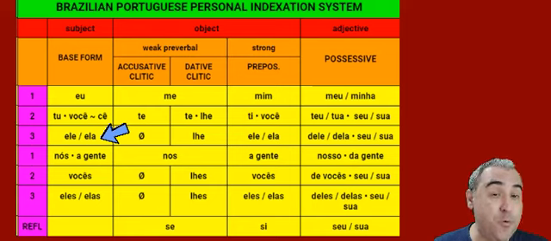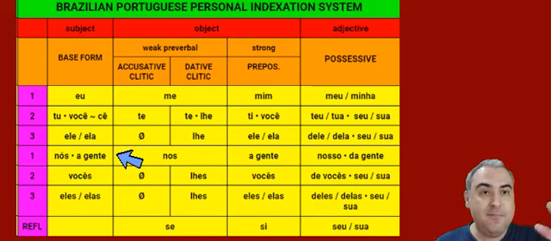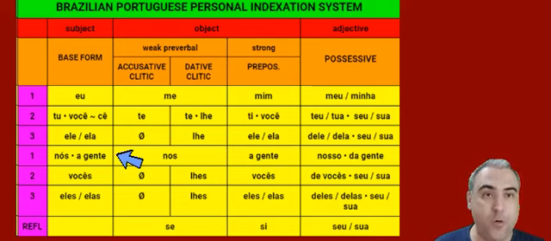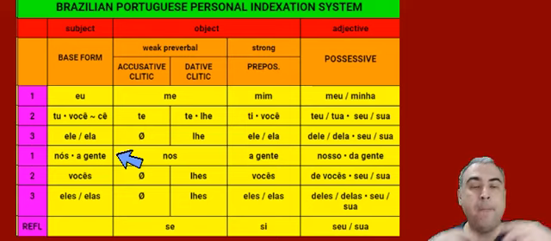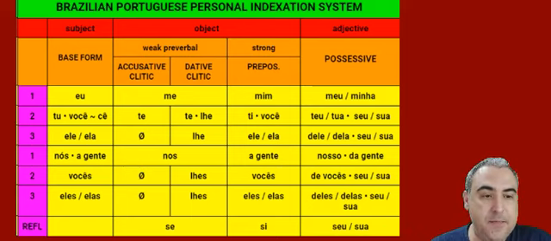In the first person plural, the we pronoun, we have nós, which is a little formal, and we have a gente, which is a little bit more informal. So you have to know exactly your intonation at the moment, what situation you're at. So you're going to use either a gente in more informal, colloquial situations, and nós in slightly more formal statements. Vocês is the plural of você, you.